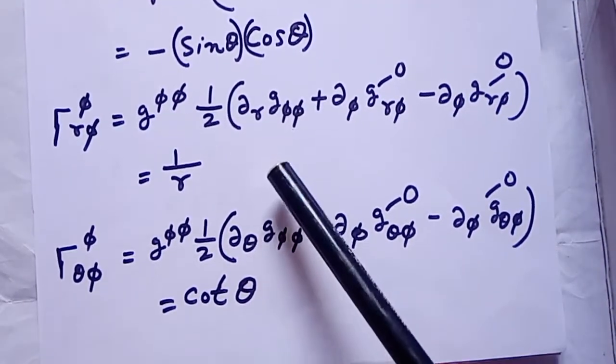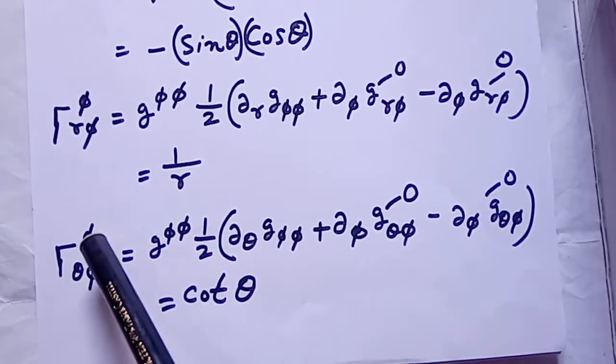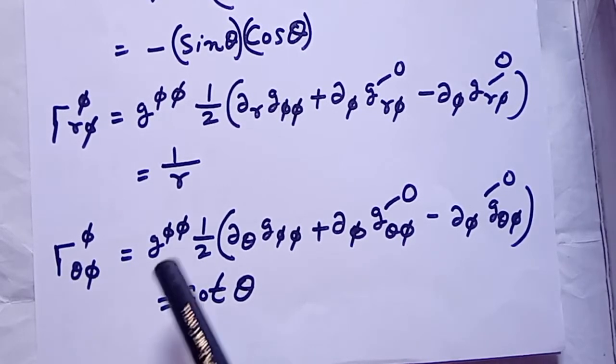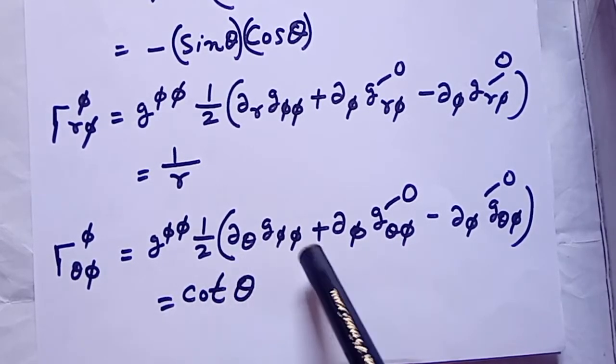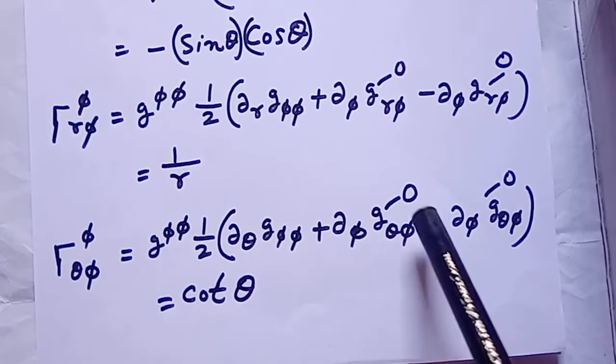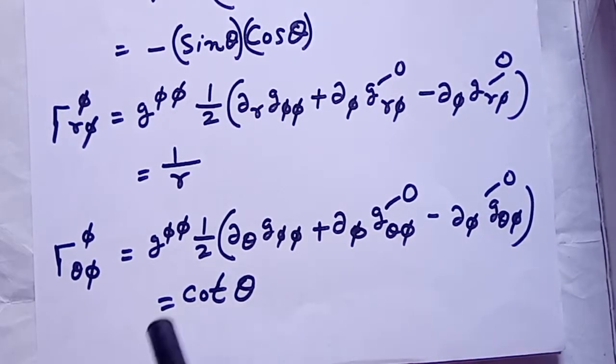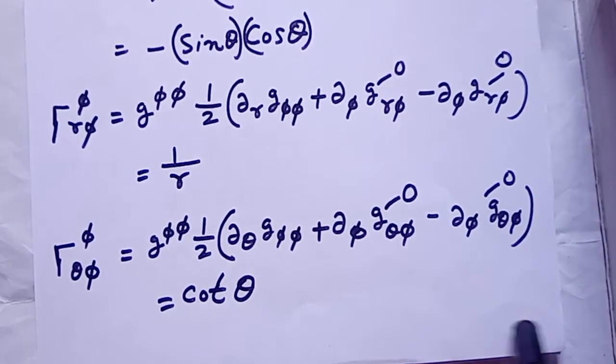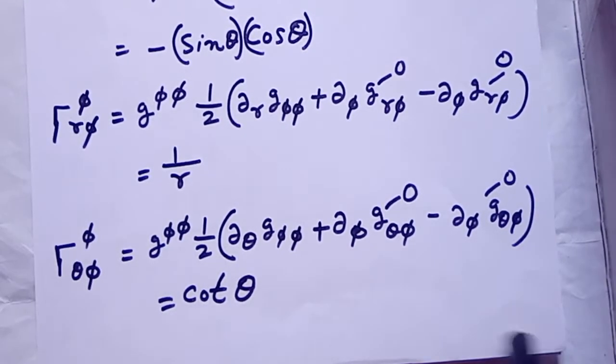Now we have Gamma^phi_theta phi, another Christoffel symbol, g^phi phi times half (del_theta g_phi phi plus del_phi g_theta phi minus del_phi g_theta phi), which equals cot theta. This is similar to what we have done before, and we put in the metric values and get cot theta.